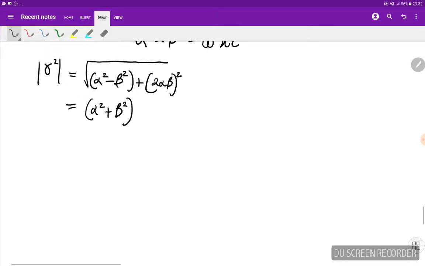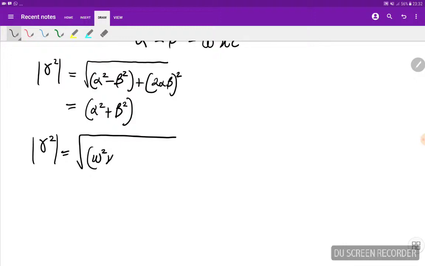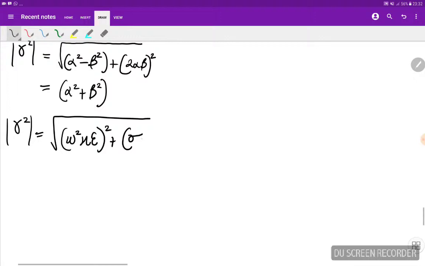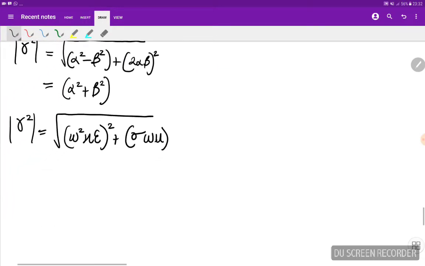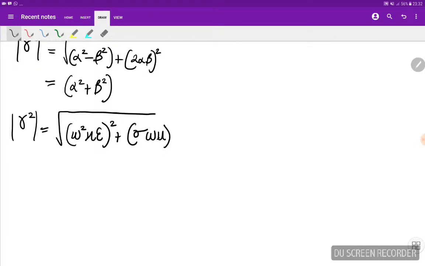So this is going to be the square root of omega squared mu epsilon squared plus conductivity omega mu squared. Now we can factorize omega mu out of it.